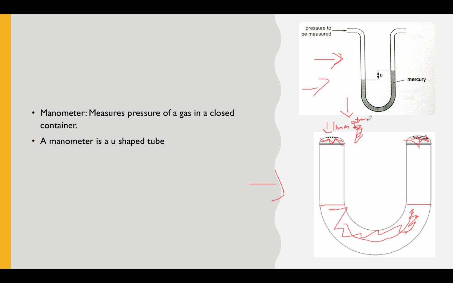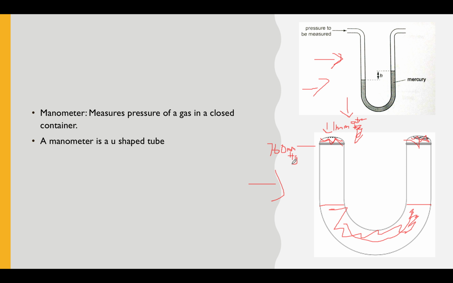Remember, ATM is showing up again. Remember that atmospheric pressure is 760 millimeters of mercury. Remember that, ATM, 760 millimeters of mercury.